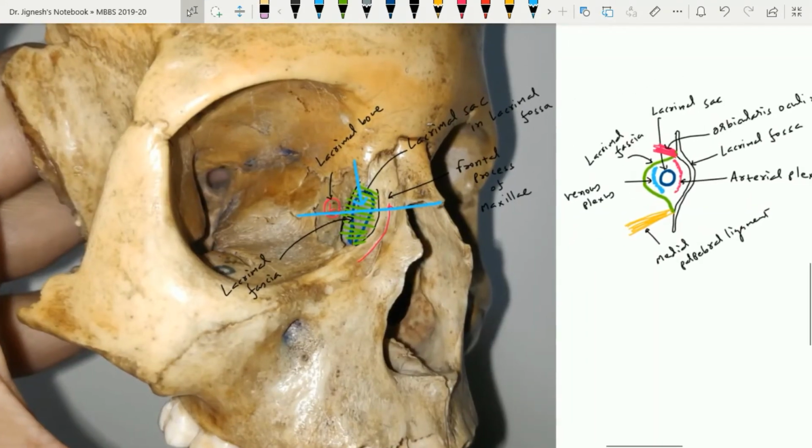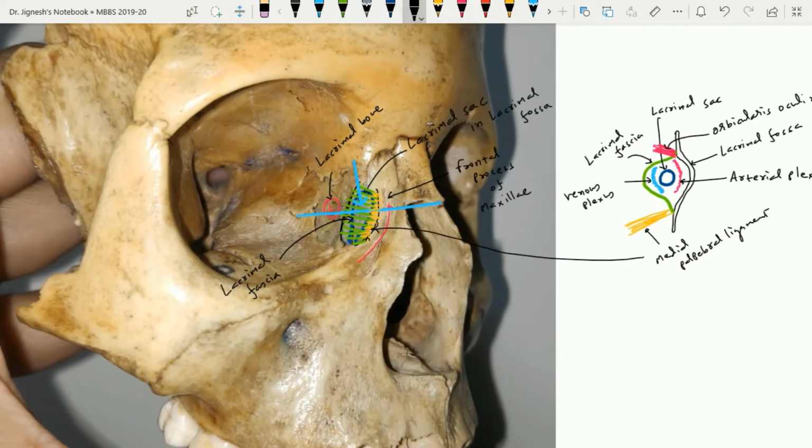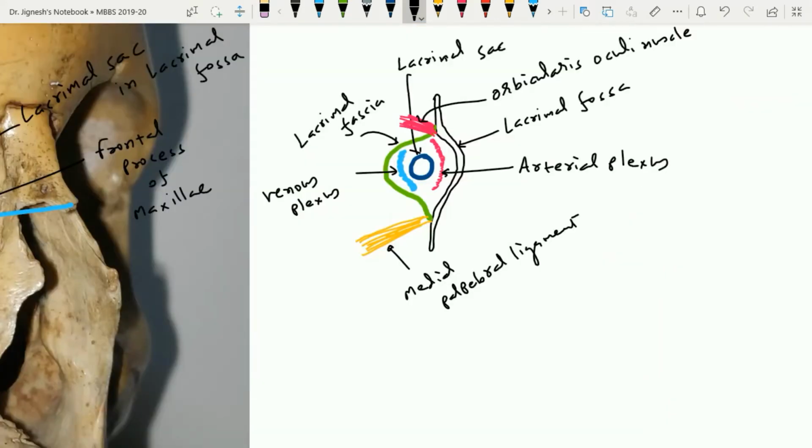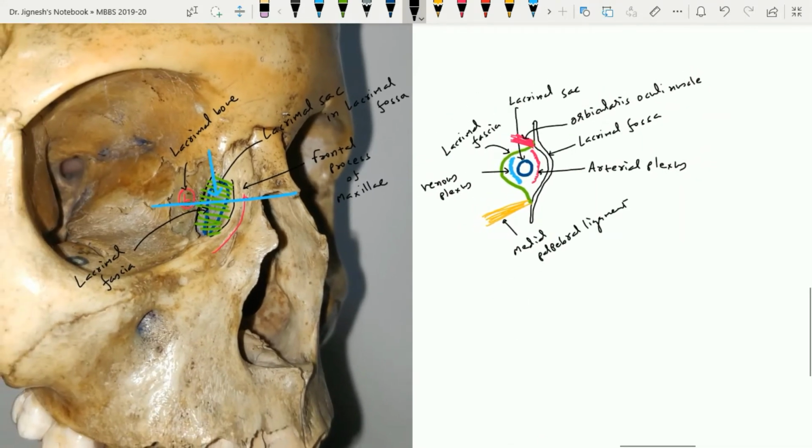So here in this figure, the medial palpebral ligament is attached, and to the posterior margin of this fossa, the muscle fibers from the orbicularis oculi are attached. So all these are the relations of the lacrimal fossa and lacrimal sac.